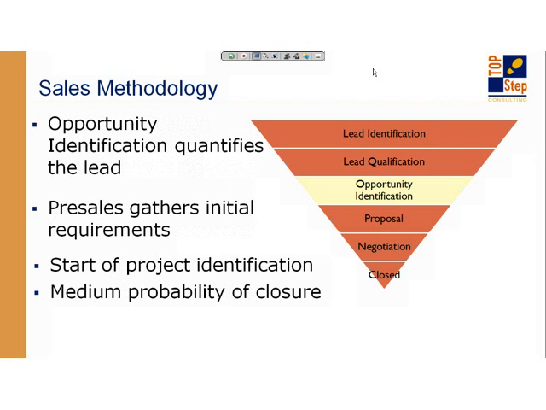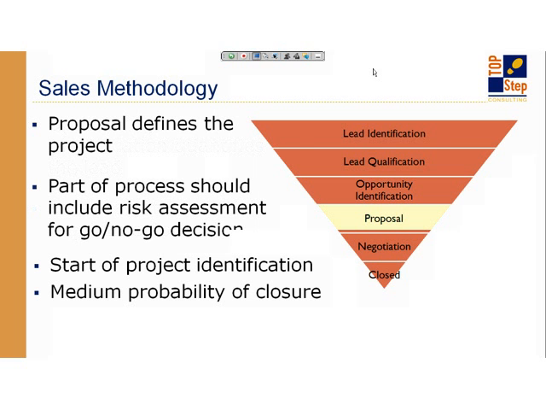You start to get a feel for what type of activities the services teams would be performing, working with the customer either through a product sale or a media sale or so forth. At this point, it's about a medium probability of closure for the deal. The scoping hasn't been done yet, pricing hasn't been done yet, maybe ballpark pricing has been discussed, but there's really no solid boundary around what it is that you want to propose to the customer at this point.